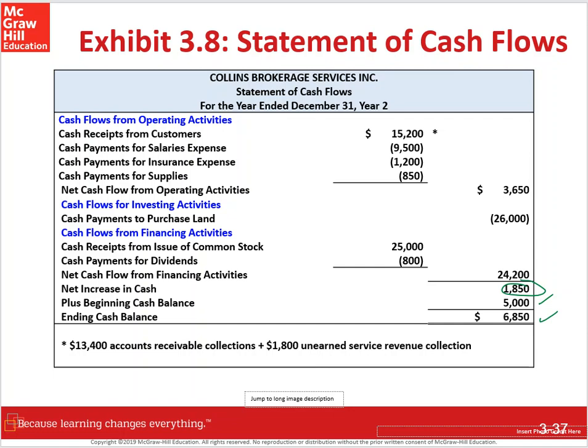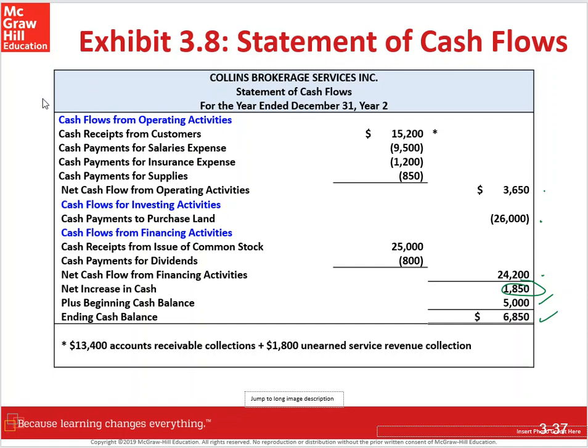So it's really important to go back to that cash T account and label each of those items, use them once and only once as we prepare our statement of cash flows. And then we find out that if we sum up OA plus IA plus FA, it also verifies 1,850. So we've accounted for all of our numbers and classified them in the right categories.